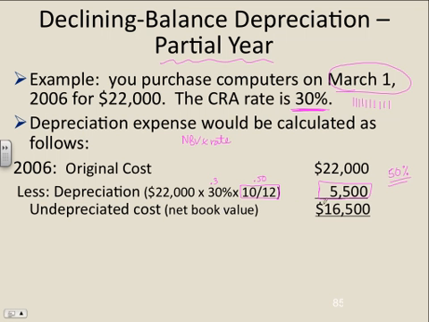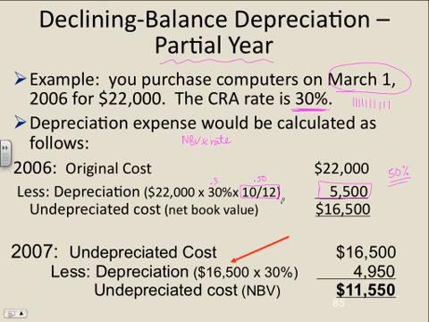And our net book value then is our cost minus our accumulated depreciation, in this case 16,500. The next year then, we don't need to do this because we've had it for the whole year. So we're going to take our net book value, because our formula is net book value times rate, times 30%, which is 0.3, and we're going to get 4,950.